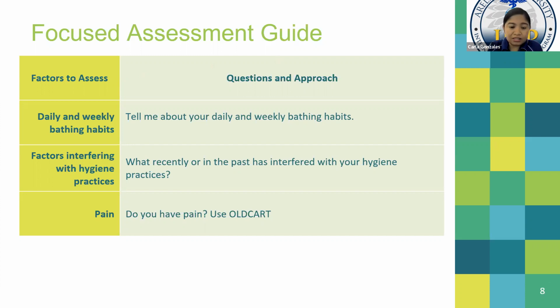What recently or in the past has interfered with your hygiene practices? Would there be any diseases or sickness that have stopped you from doing your usual hygiene routines? Sometimes pain could also interfere with the hygiene of the patient, because there's too much pain. It also limits their movement, so their inability to do self-care.